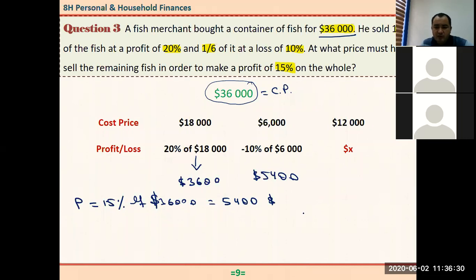So now we need to find the selling price of this one. First, if I know this X, then I can evaluate this. This X is, what percentage of X is $12,000.